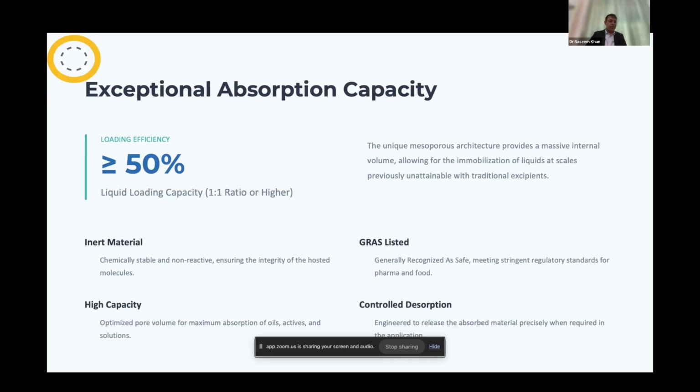It totally depends on the expectation and the absorption capacity, which is more than or equal to 50%. It totally depends on the viscosity. If it is a very thick oil, you'll get a lower yield. If it is a very thin oil or API, you'll get more.